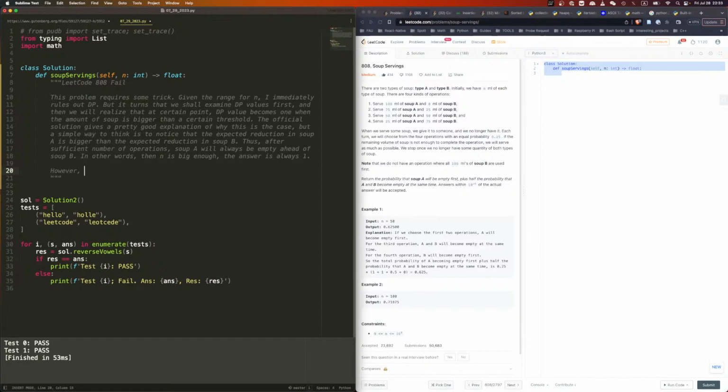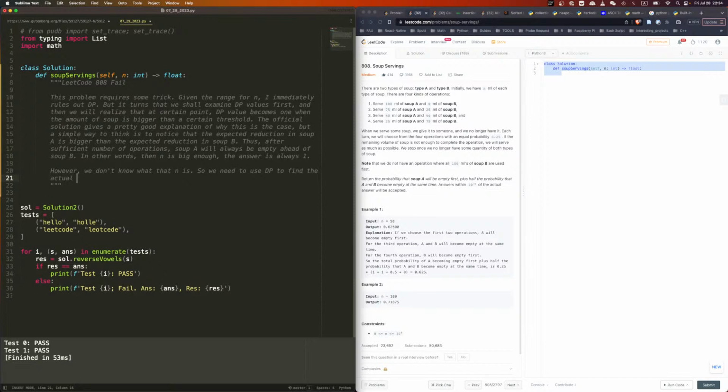However, we don't know what that n is, so we need to use DP, right? Use DP to find the actual probability when n is small.